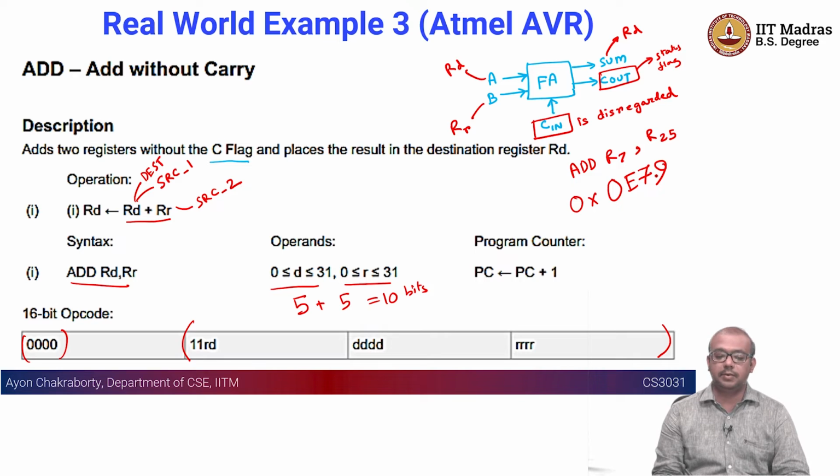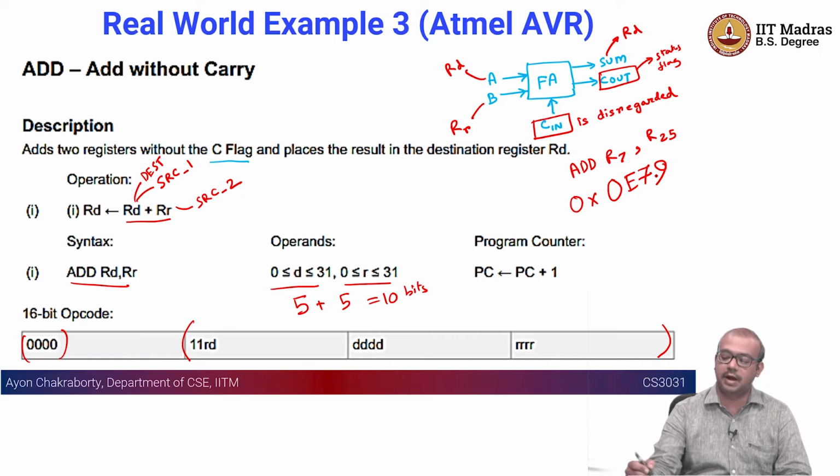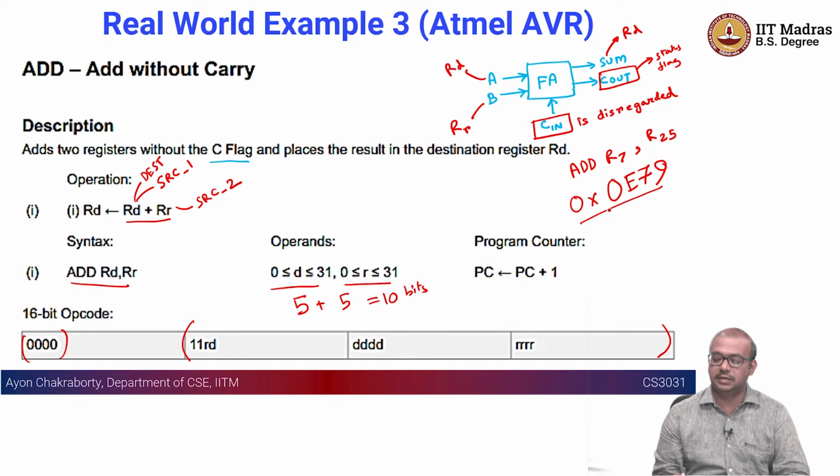Okay. So when you write a program in machine code, you have to write the program in this way. You have to keep on writing all these strange looking numbers, and these numbers are going to be interpreted by the hardware. The hardware will understand what this 0E79 means.